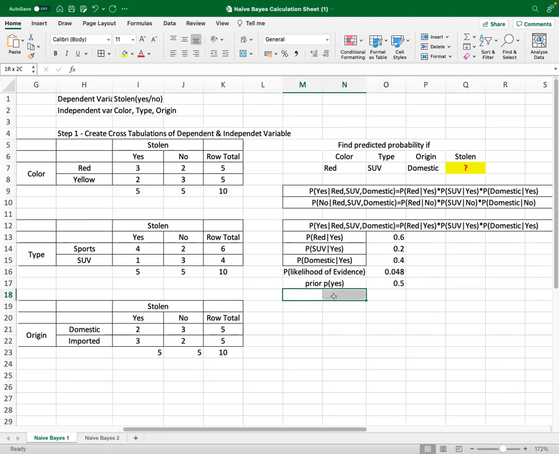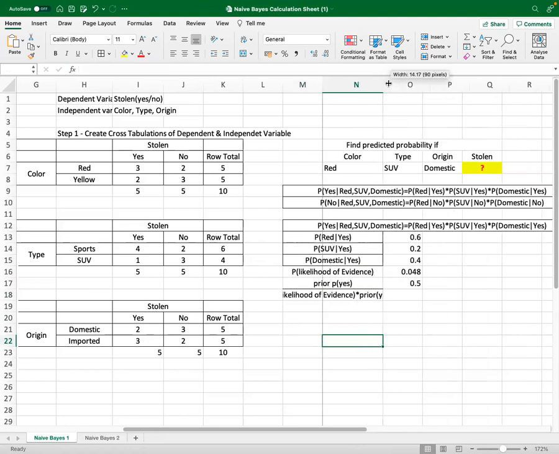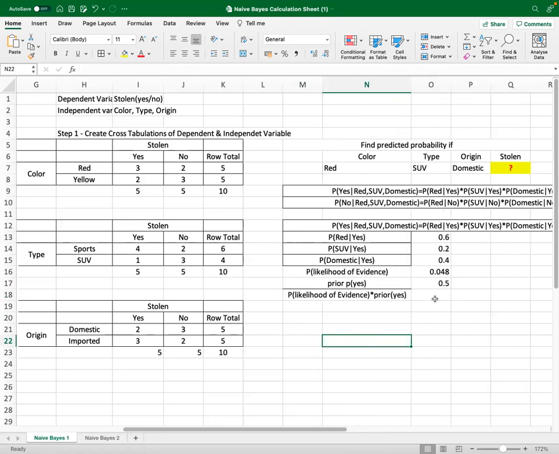Then multiplication of these two. 5 by 10 is 0.5, into prior of yes. So is equal to 0.048 into 0.5, 0.024.